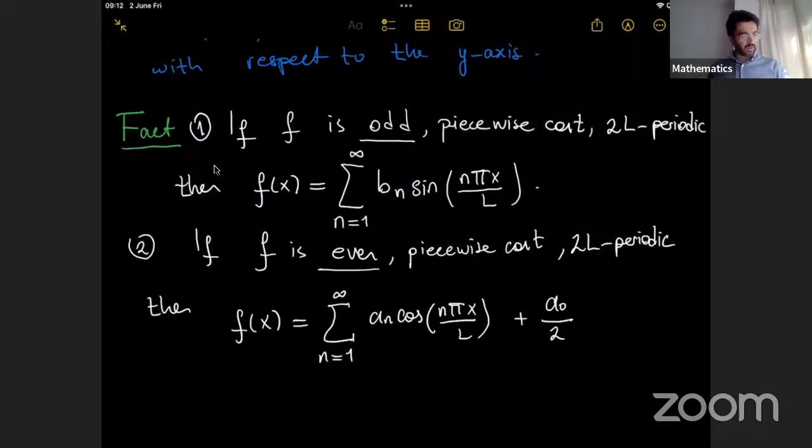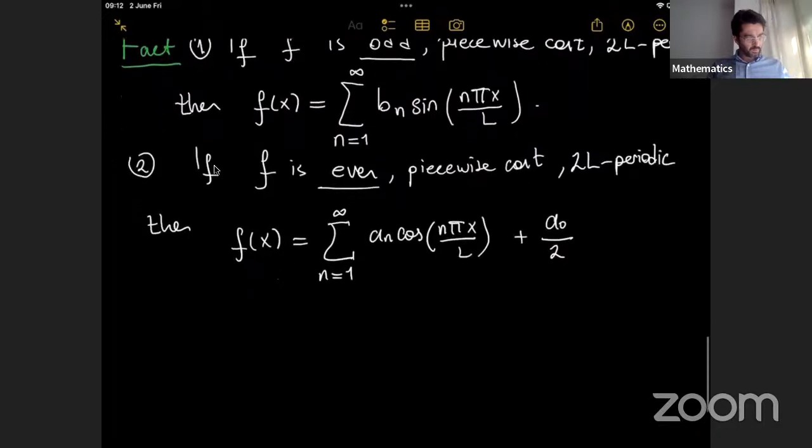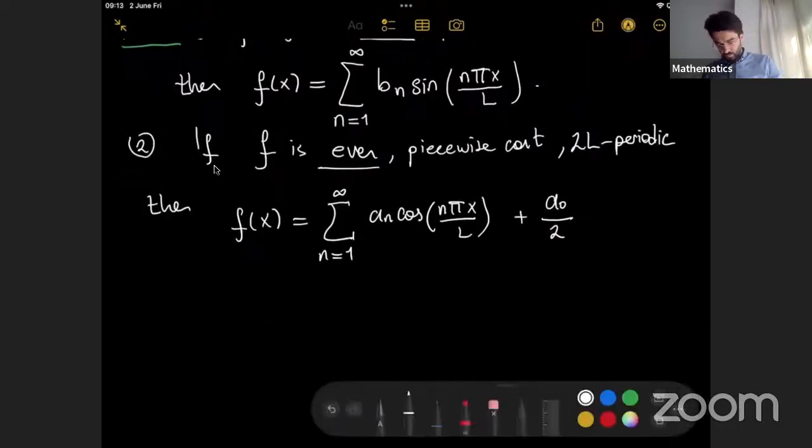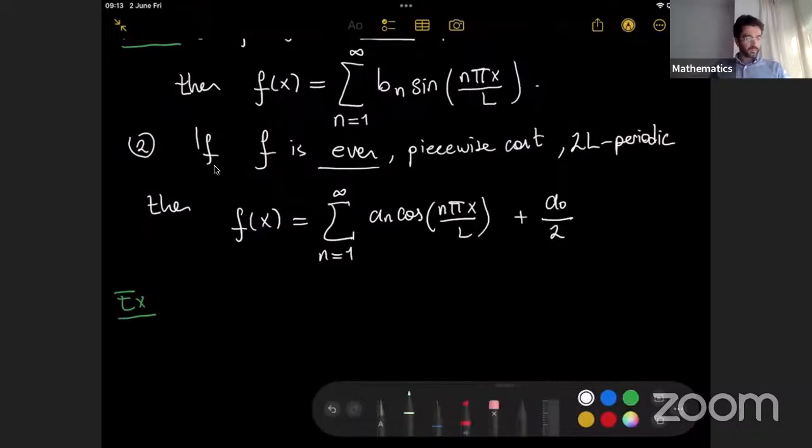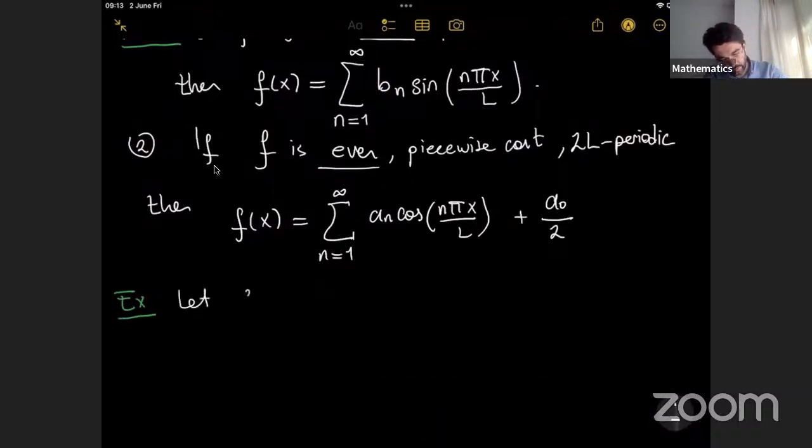Well, let's do maybe one more example. So let's say f of x is equal to x for x between minus L and L. We don't know what L is. L is a number, a positive real number.